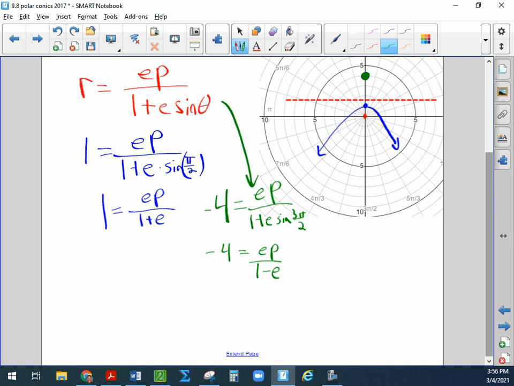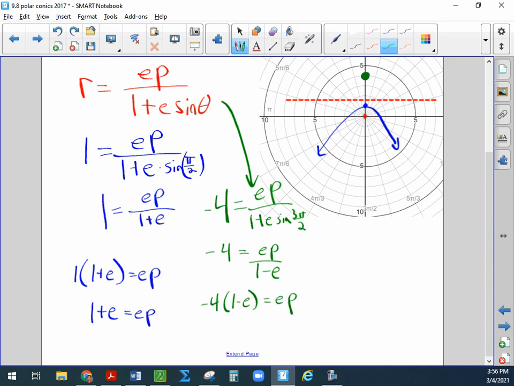That might look weird, but one thing that I notice is both of these have an ep. So I could say 1 times 1 plus e equals ep, or 1 plus e equals ep. For the green equation, I could say negative 4 times 1 minus e equals ep, or negative 4 plus 4e equals ep.